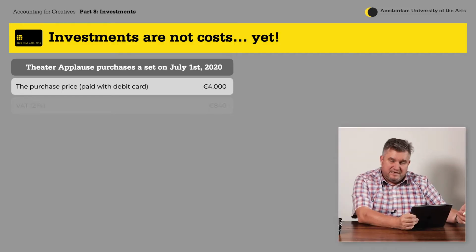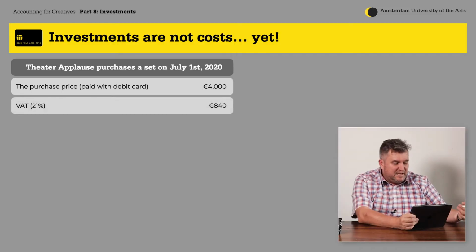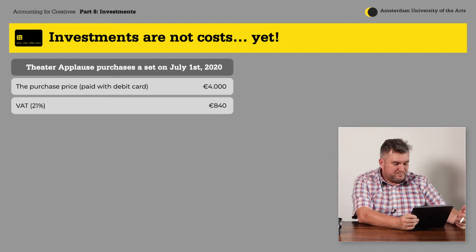Of course we have to pay VAT, and it's 21%, so on top of this 4,000 euros we have to pay 840 euros VAT. But this amount we know we will get in return within 1 or 2 months from the tax authorities, so that's not really a problem. It's more that we have to pay it now and get it back later.